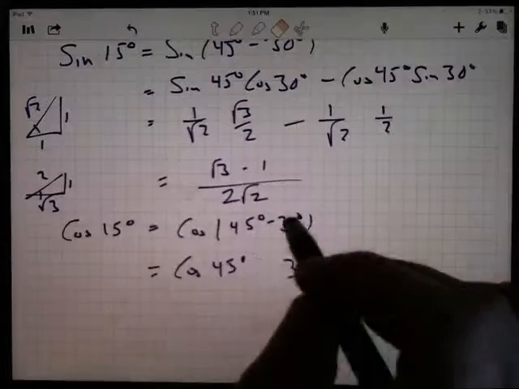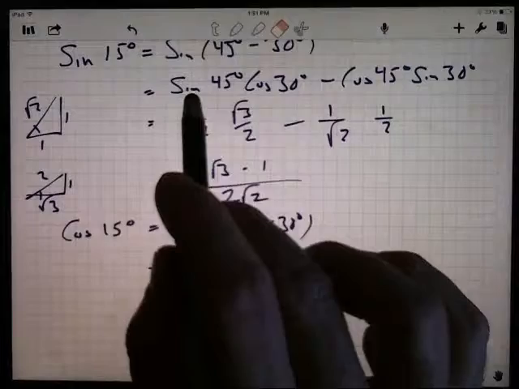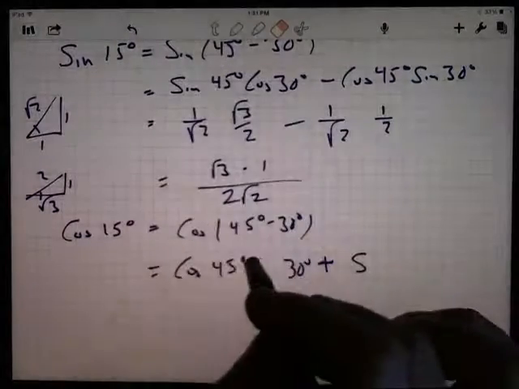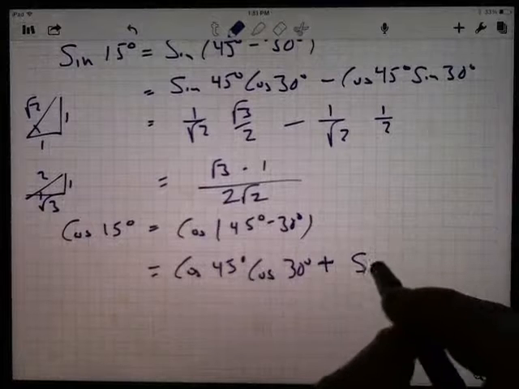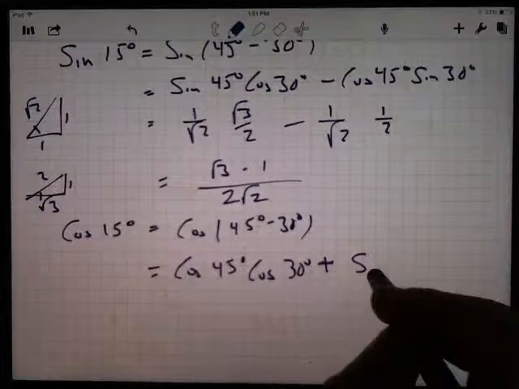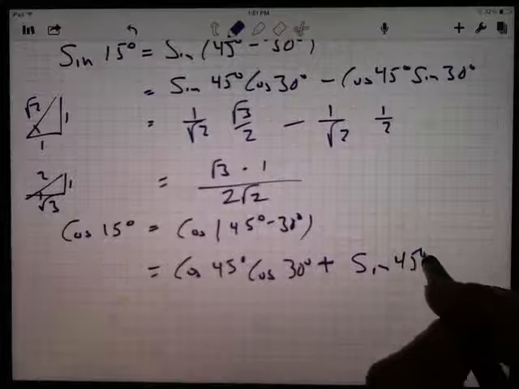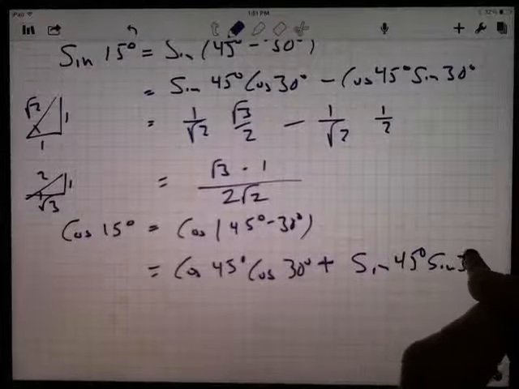I've got this wrong. In the sine it was sine and cosine. For the cosine it's cosine cosine minus sine sine, but with a minus sign here that's a plus. So that's sine 45 sine 30 degrees.